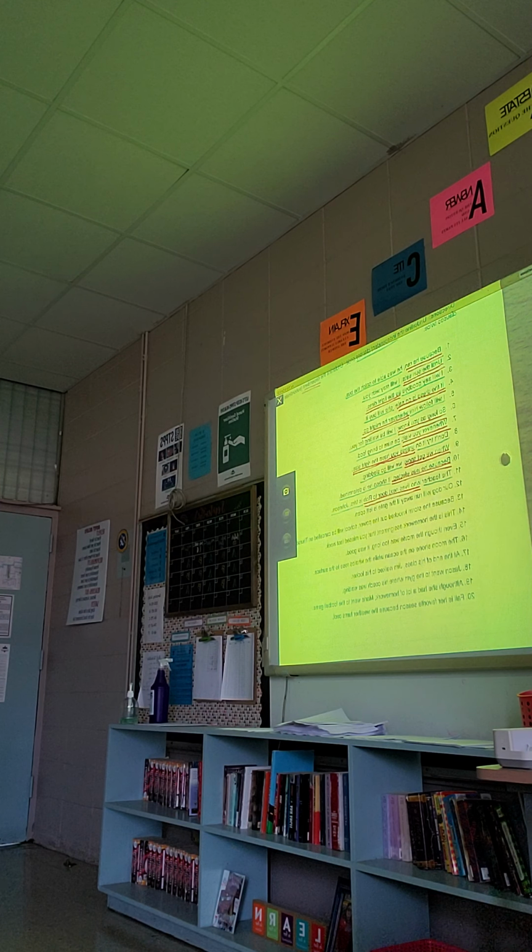If is our subordinating conjunction. So, Mallory, we already know that if is our subordinating conjunction. What's our dependent clause? If the gate is left open. And what is our independent? Our dog will run. Yes, ma'am.